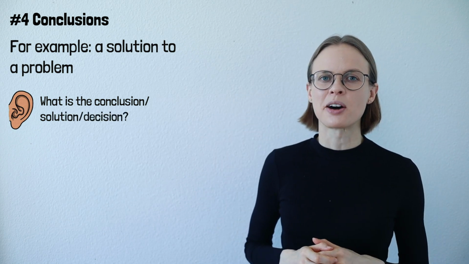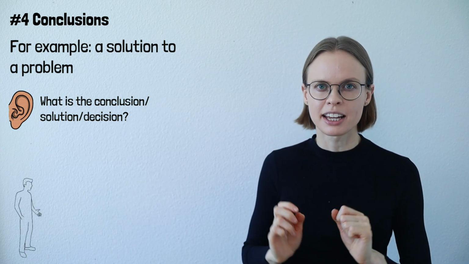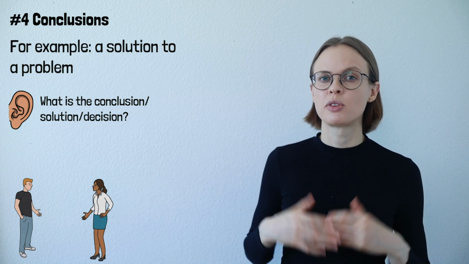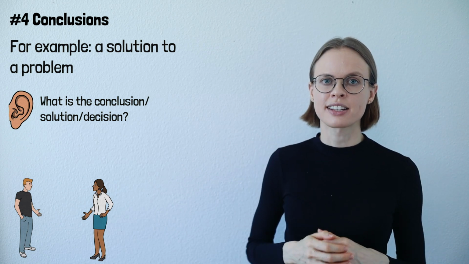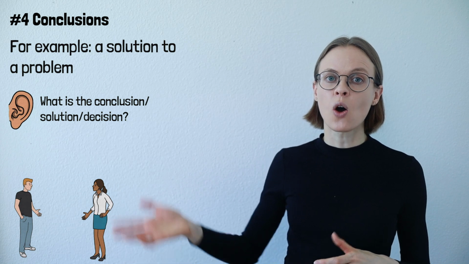Let's go back to our example. The student's assignment is due on Friday, but he would like to hand it in on Monday. However, the professor is not happy about that because he wants to correct the assignment over the weekend and give it back to the student on Monday.